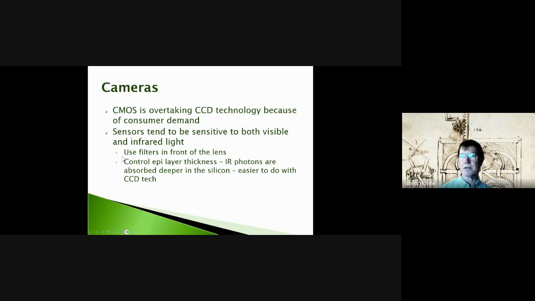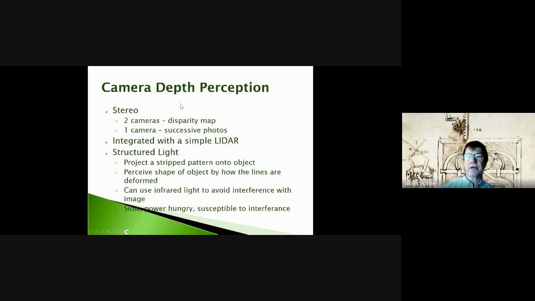Those photons are actually absorbed deeper in the silicon, so you kind of need a thicker substrate, a thicker epi layer to be able to capture those photons, and that's just easier to do with CCD technology. So maybe there's still a place for it here and there, just some different trade-offs.